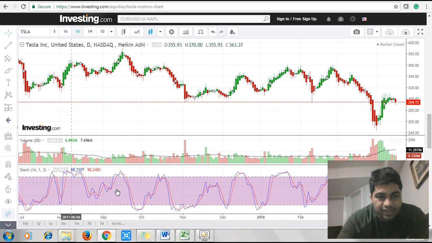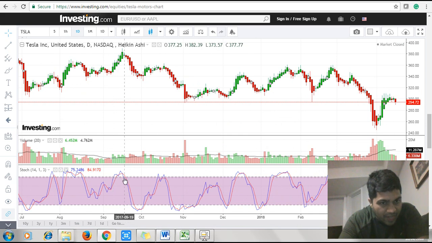With this stochastic indicator, we don't trade on every crossover. Crossover means there are two lines, the purple line and the red line. We trade when the purple line crosses the red line, but we generally don't trade if crossovers are happening in this middle range. We trade when they are happening outside this range.